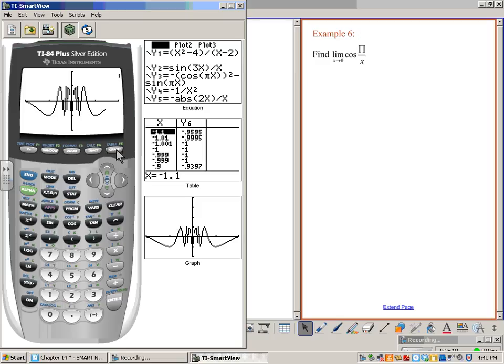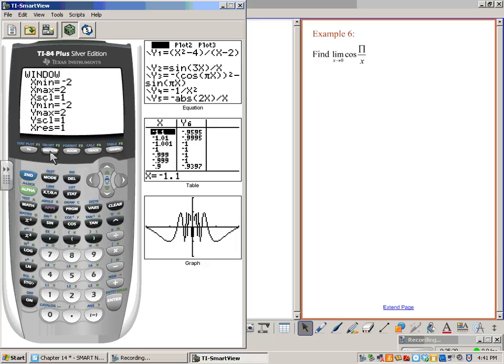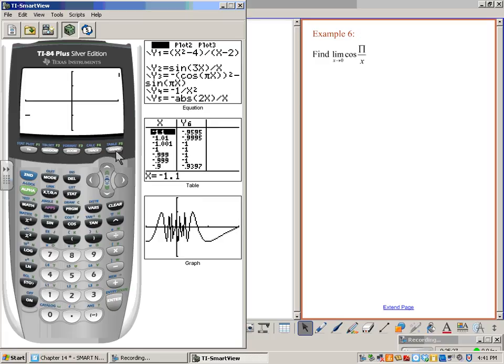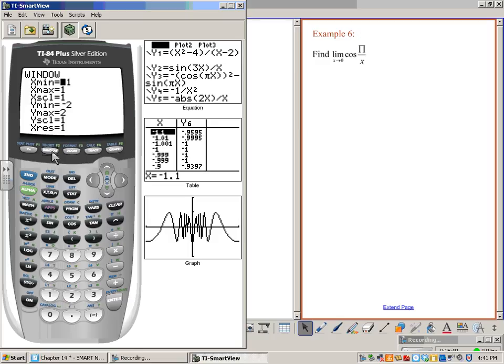Notice that even though we zoomed in quite a bit, we're still seeing all of the oscillation going on close to where x is equal to 0. So let's go in again and change our x's to -1 and +1 and graph that. And you still see sort of the same thing, just more detail with lots of oscillation. Let's try it one more time. Let's try this as -0.5.